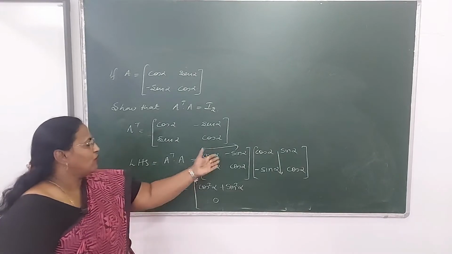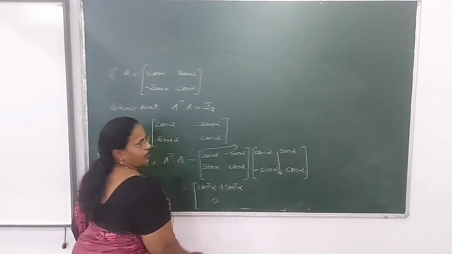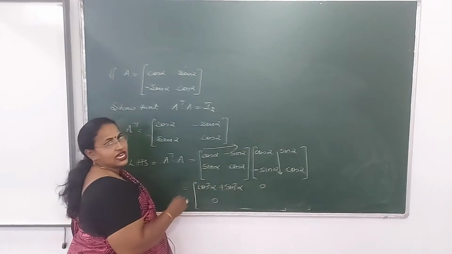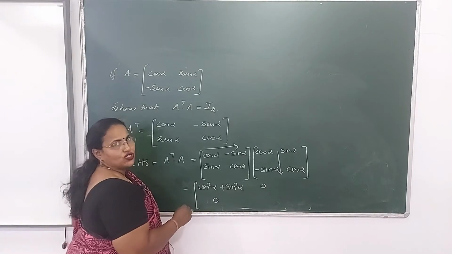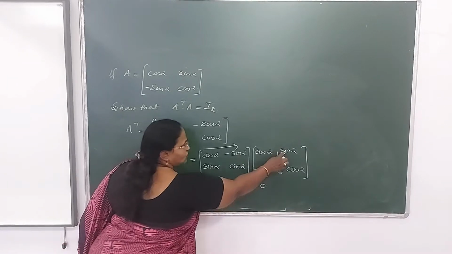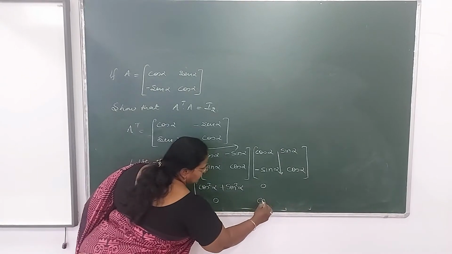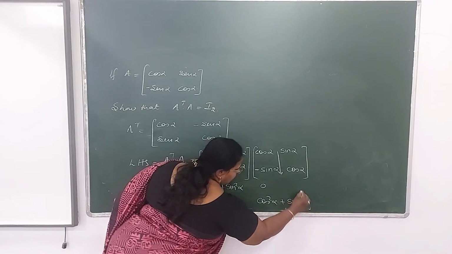The same way we'll go for the second row, second column. Cos alpha into sine alpha minus sine alpha into cos alpha, this will be giving the answer as 0. Now the second row, second column, sine square alpha plus cos square alpha, that is again the identity, and which can be replaced by 1.